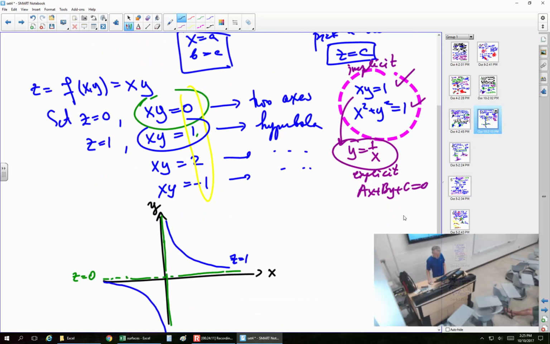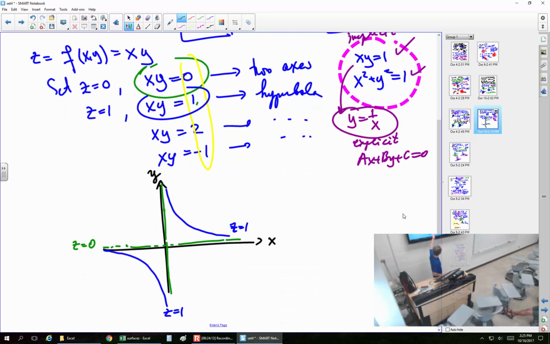As you can see, each curve is the same elevation, and I certainly can get from this to this one. They're disconnected, but they're still at the same elevation, and then we just plot many of them. And you remember that is how many maps are made, exactly in this fashion. So if I do one more, xy is equal to 2, so it is y equal x over 2, so it's looser.